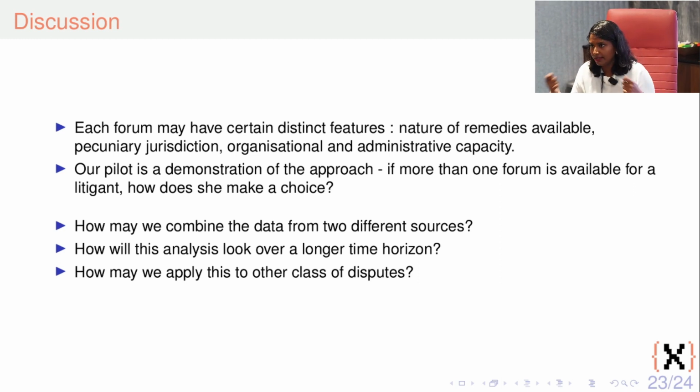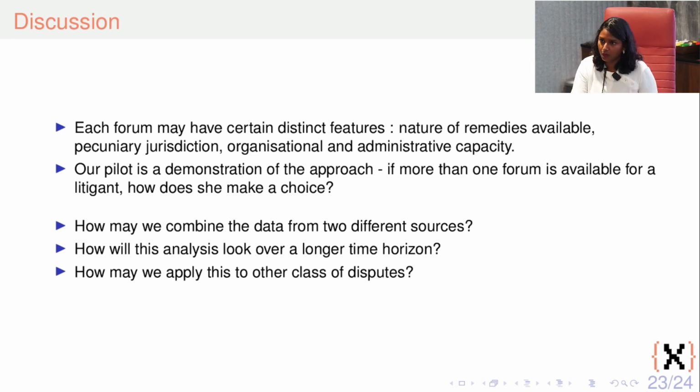How can we combine both these sources to arrive at a composite measurement for these courts? We've done this analysis for a 1.5 year period, hoping that court data has become better. It will become even better as years progress. How will this analysis look for a longer time horizon?